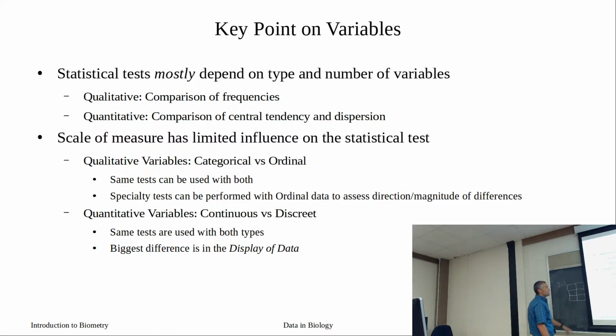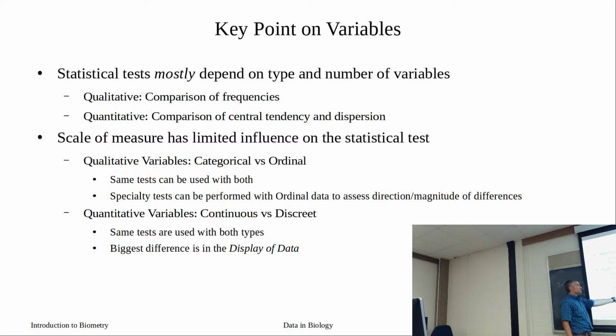There is a point with categorical versus ordinal where we could do a different test that assesses direction. So is one better than the other? All right, so there are tests like that for the ordinal data, but by and large, if you do a goodness of fit test for a categorical variable, you can also do a goodness of fit test for ordinal data, no problem. And the same thing with continuous and discrete.